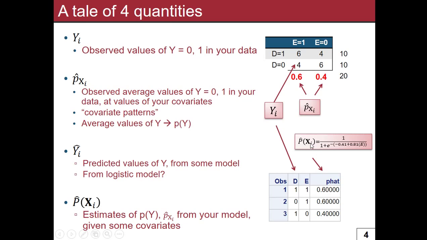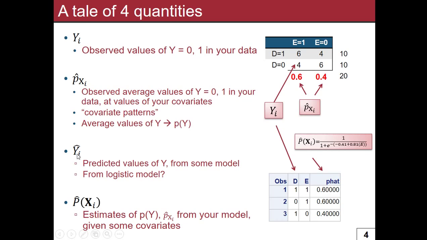You fit a logistic regression model to your 0, 1 data, and it does not spit out zeros and ones. It spits out probabilities. It spits out 0.6, 0.6, 0.4, let's say, because the logistic regression model predicts the probability of the outcomes, not the outcomes themselves. That's one of the features of the logistic regression model. Your data are 0s and 1s, but you have a model that spits out probabilities that on average describe what happens in your population.